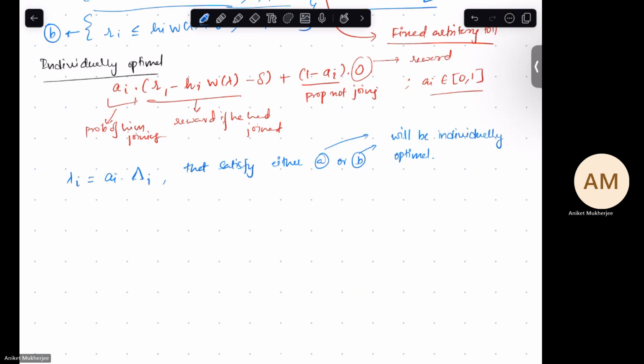The socially optimal toll takes into account that more individual customers joining will increase the flow, which will increase the delay. So by charging the socially optimal toll, the system operator can induce individually optimizing customers to behave in a socially optimal way, thereby making the Nash equilibrium coincide with the socially optimal allocation of lambda 1s, lambda 2s, where lambda s is equal to lambda 1s plus lambda 2s. Okay.